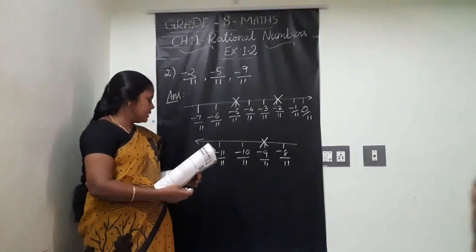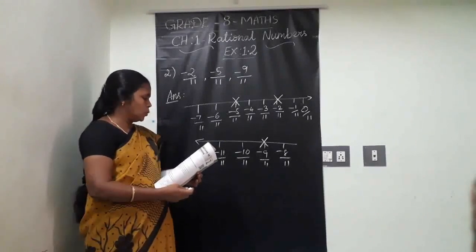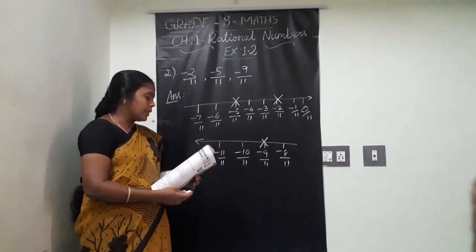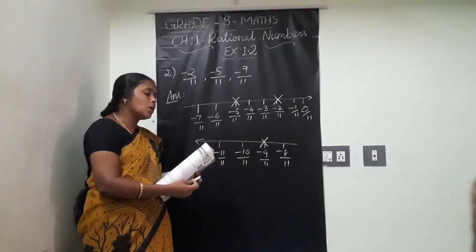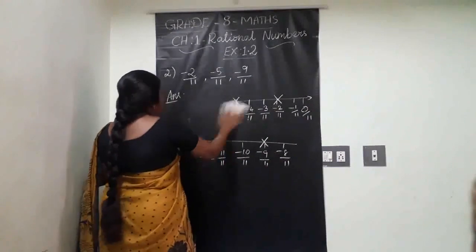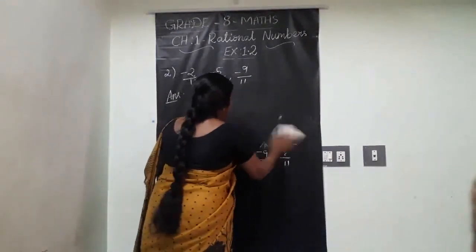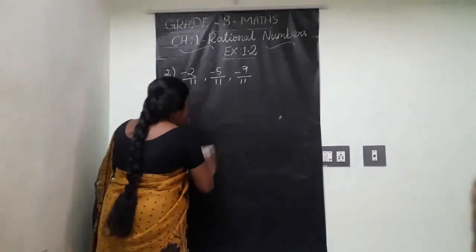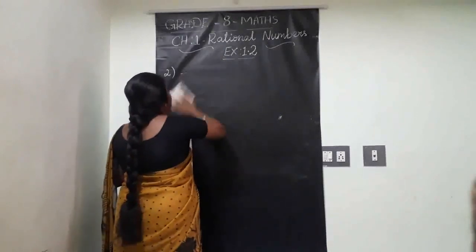Write 5 rational numbers which are smaller than 2. 2 is what number here? 2 is the whole number. Less than that, they are asking for 5 rational numbers.